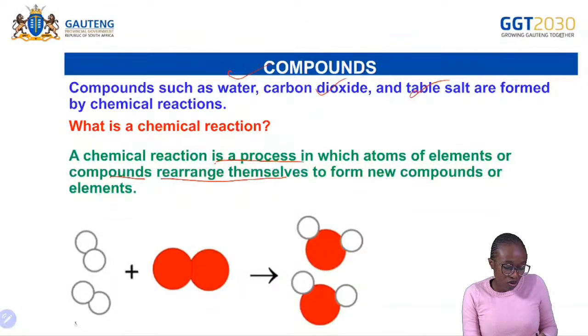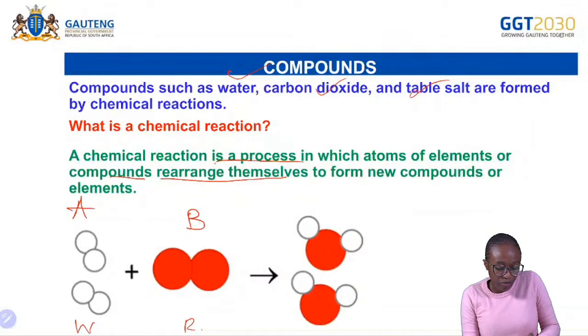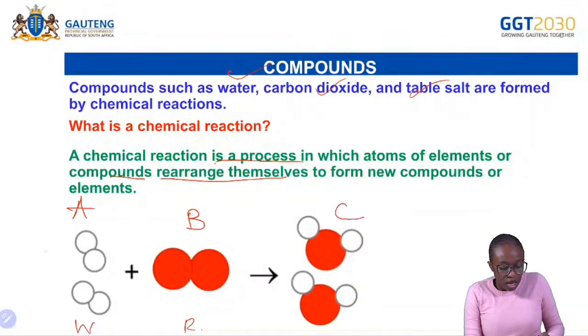We've got here on the white, and then we've got here on the red. So we'll just call these A and B and C. Now, if we look at the molecules, or rather the elements from A, the ones in white, so we've got two of those, and then we've got a pair here, or a diatomic molecule of B. So we've got two diatomic molecules of A, and we've got two diatomic molecules of B.